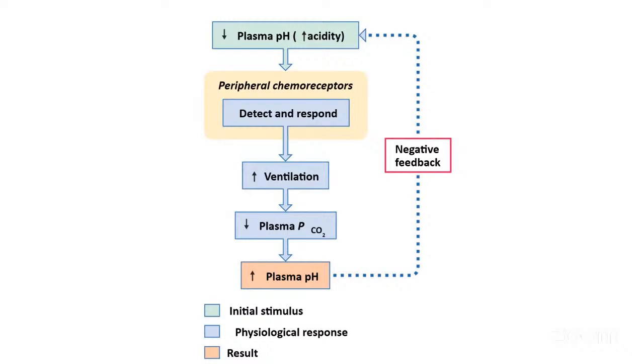So we want to associate lots of CO2 with a low pH, paying attention to these arrows here. This is a negative feedback loop. If we pull our plasma pH back up to where it should be, we're done. We don't have to do this anymore, so our ventilation would stabilize.